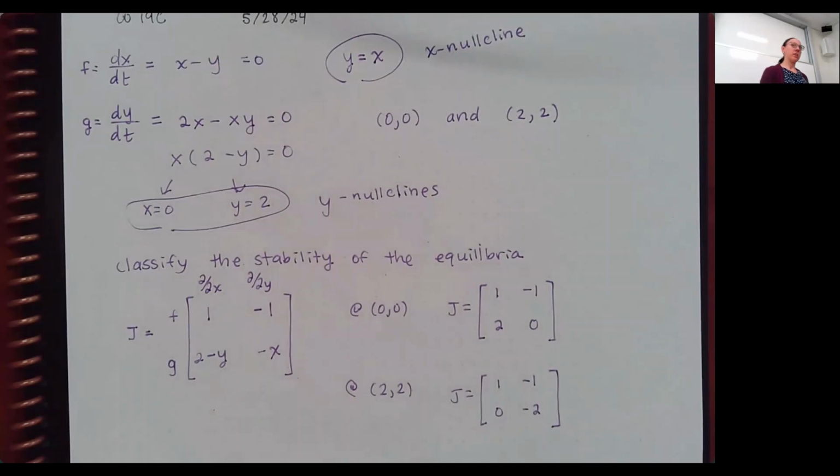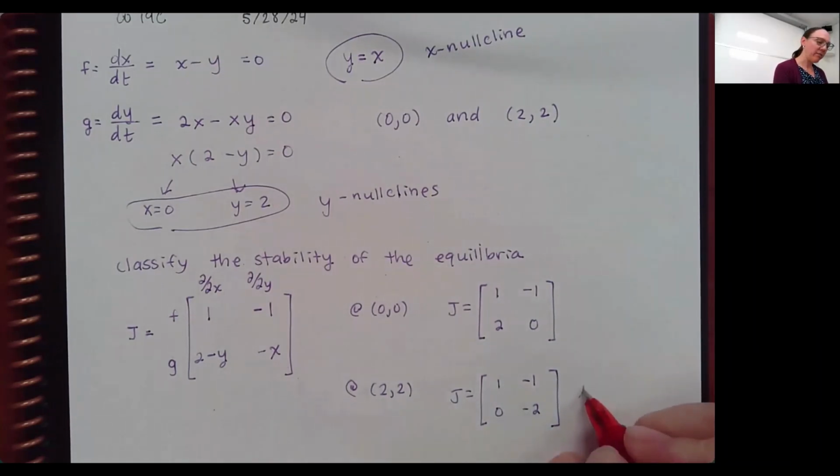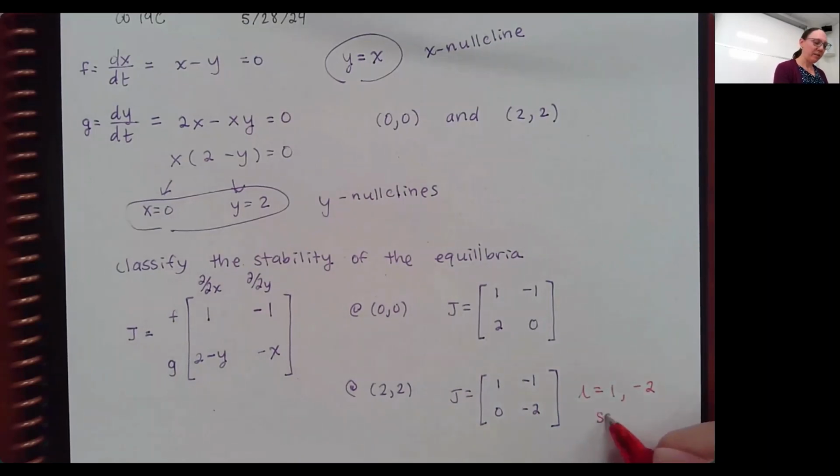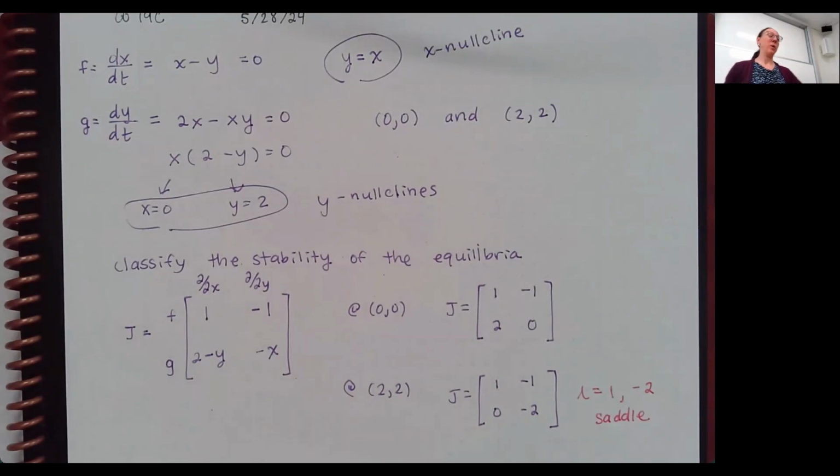Let's do the easy one first. What are the eigenvalues for this matrix? So what kind of point is it? Drawing is not going to be an easy way to figure out if it's stable or unstable.